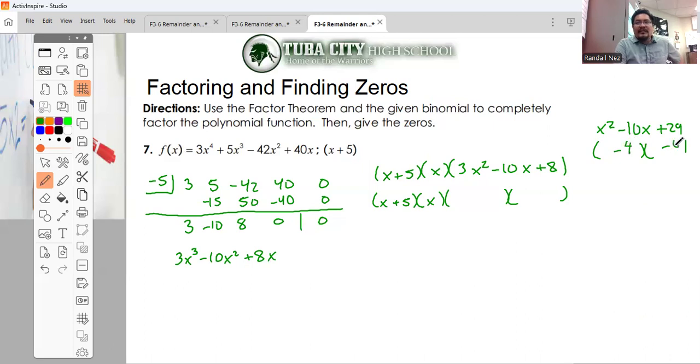All right, and you can kind of ignore the negative, just pretend it's a regular 10. 4 and 6 multiply to 24, but if I put them together, they become 10. But since they're both negative, they add up to negative 10.